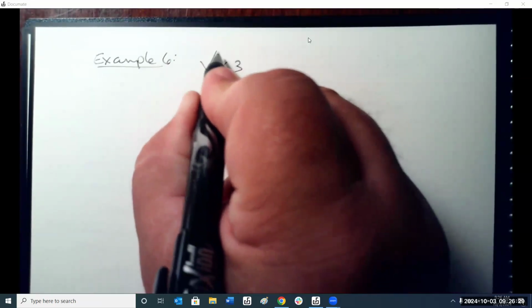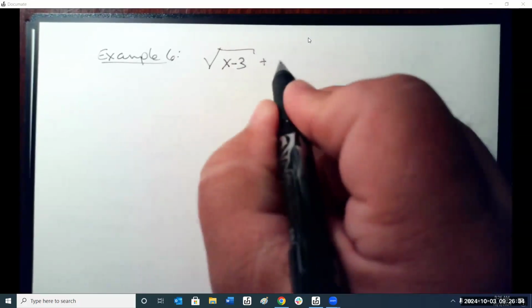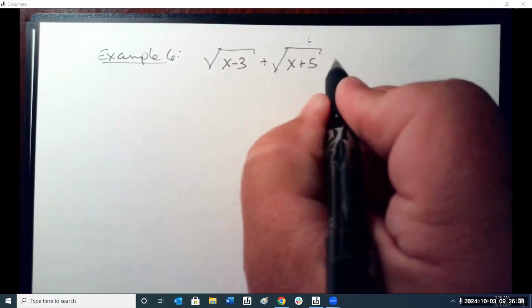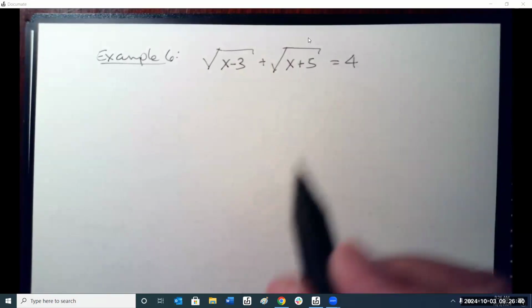Okay, example 6. Radical x minus 3 plus radical x plus 5 equals 4.